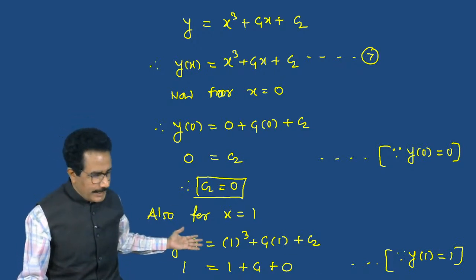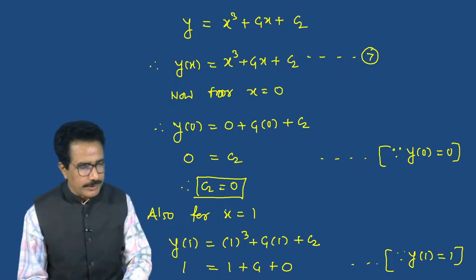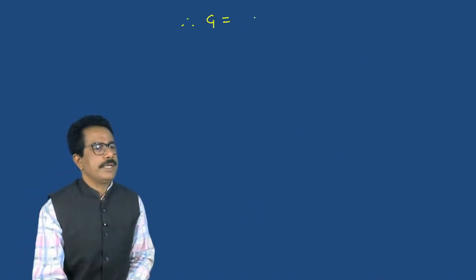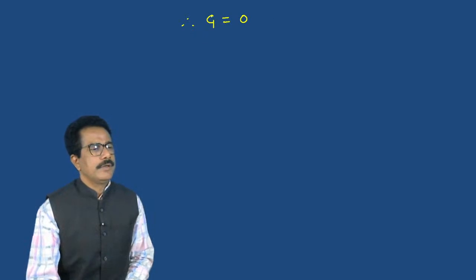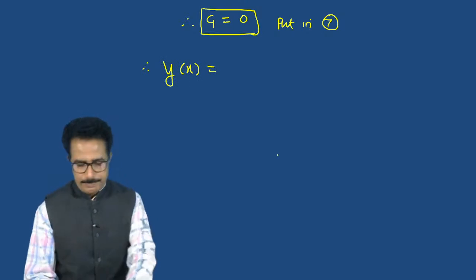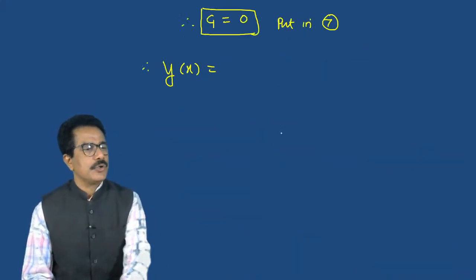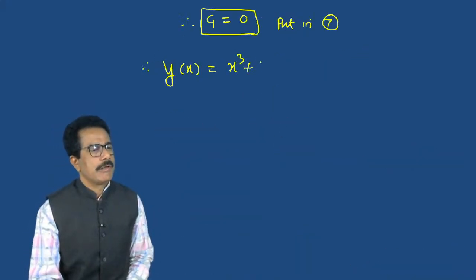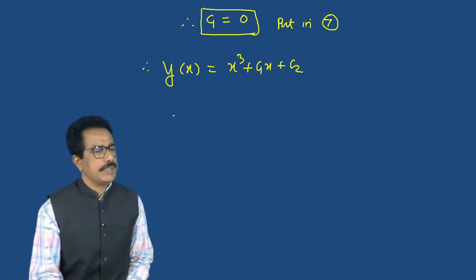So we can put the value c1 is equal to 0. Therefore c1 is equal to 0. Okay. Put in 7. Therefore y of x is equal to x cube plus c1x plus c2.